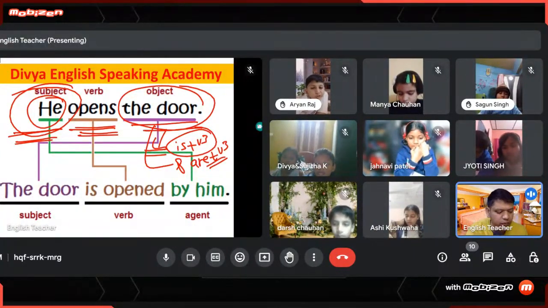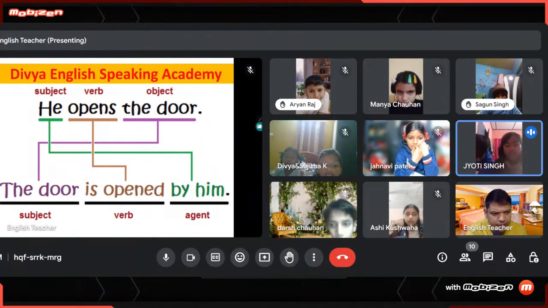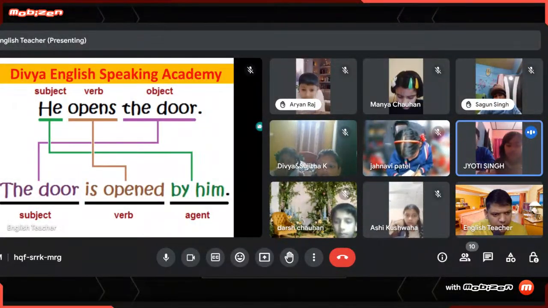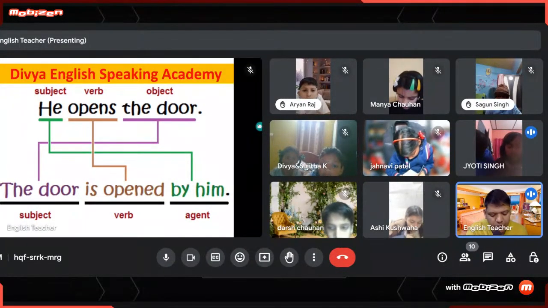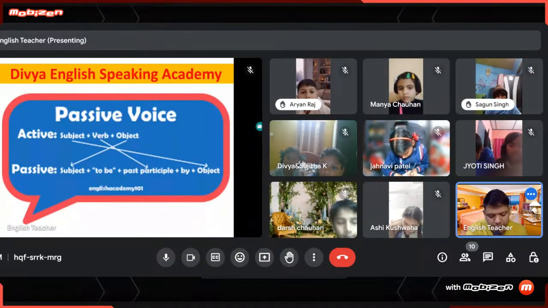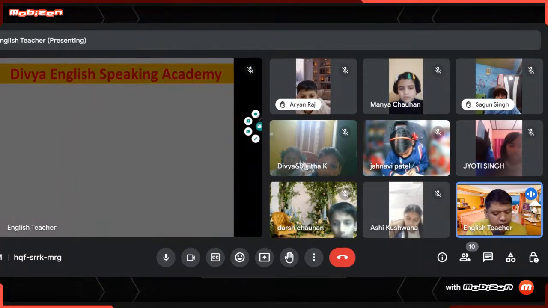If it is in plural, then we have to use the plural helping verb. If subject is singular and object is plural, we have to use the plural, not are. Subject has nothing to do with this. Only we have to follow the object.